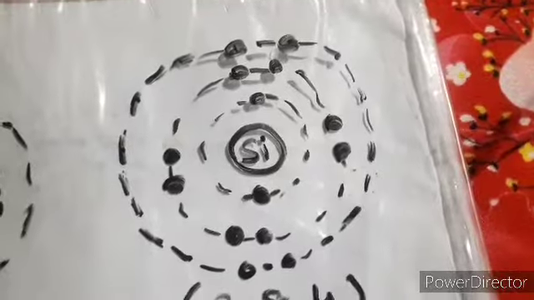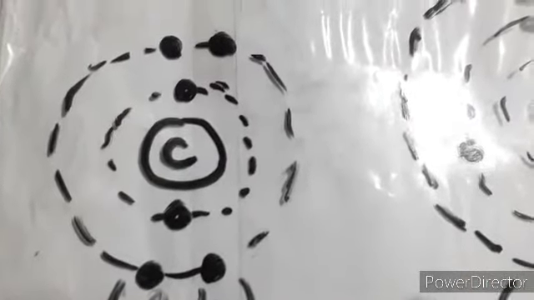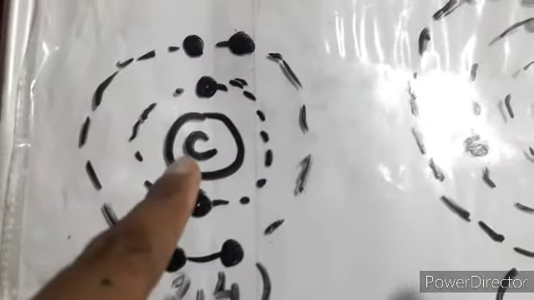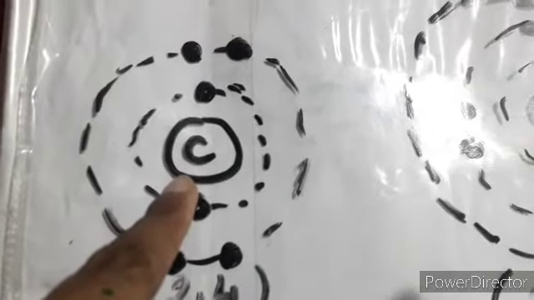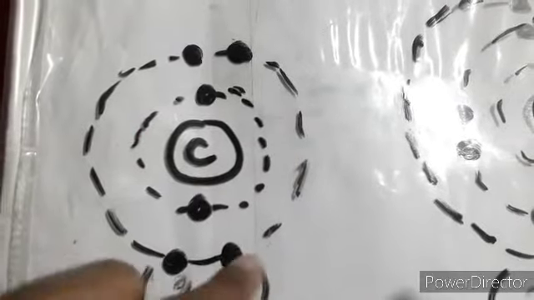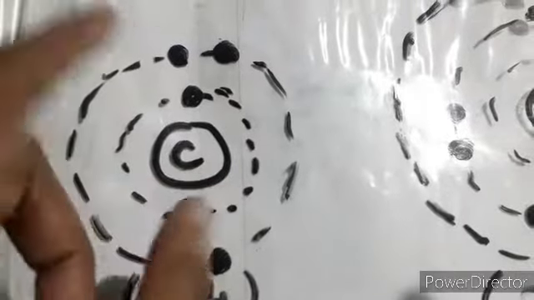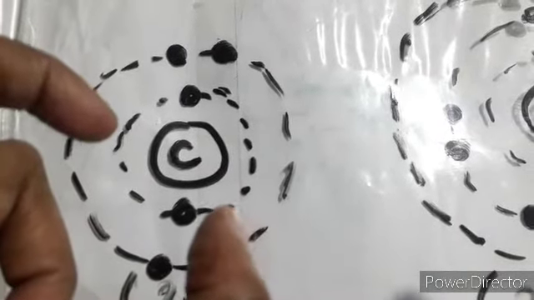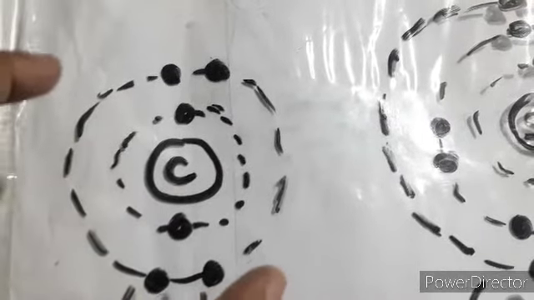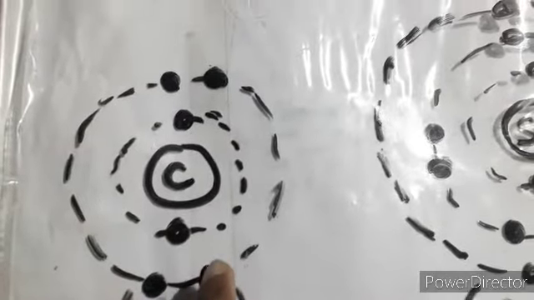So it means that if it has a lesser tendency to accept electrons, it's not behaving like a non-metal. Fine. But if you focus on the carbon atom, you can see it has only two shells, so a smaller atomic size. The nucleus of this atom has a greater tendency to attract electrons towards itself, even the electrons present in the outermost orbit and the electrons coming from outside. So this atom has a greater tendency to accept an electron, so it behaves as a non-metal.